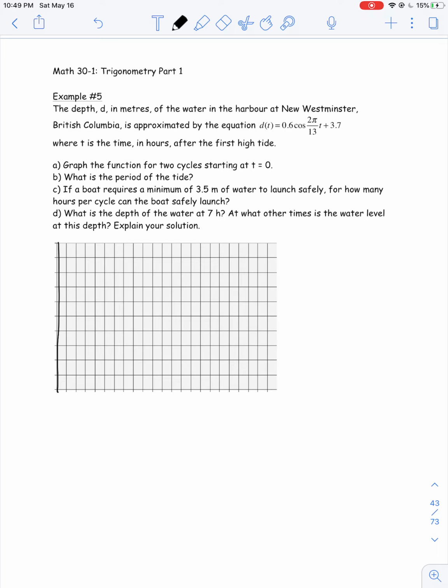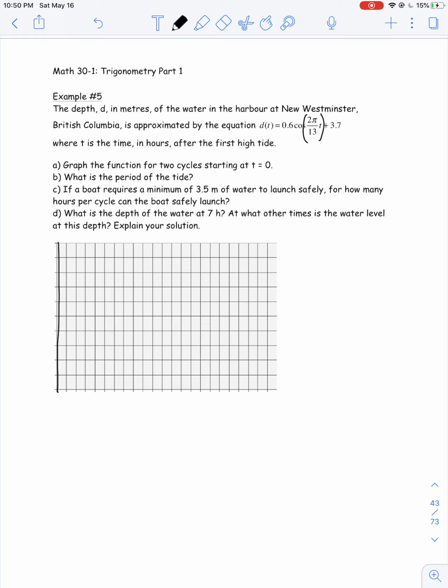Okay, so you want to put this into your calculator. We know the amplitude. Our t value will be represented by x in this case. You're going to have to close your brackets, so I would put brackets right here around these two things, and then you're going to add 3.7 outside of it.